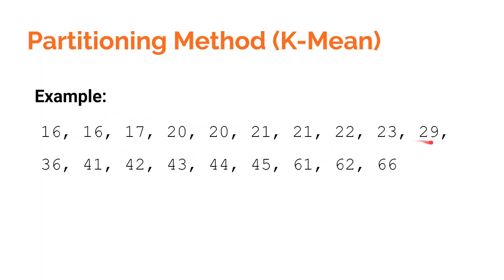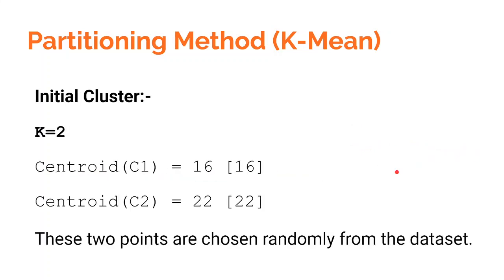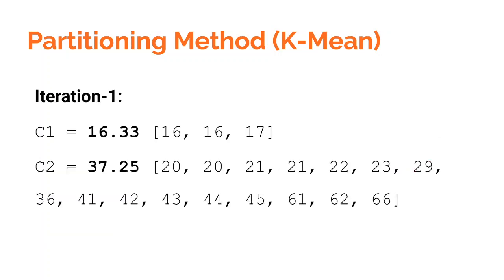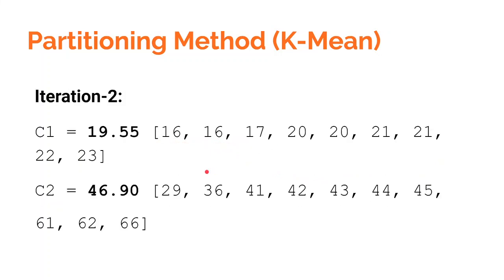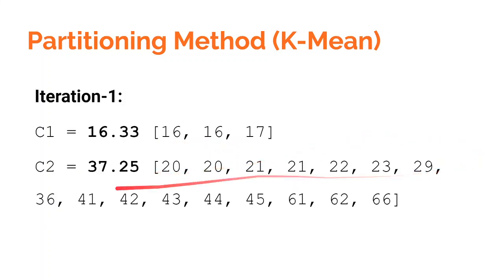Since if you subtract 16 from all these values, you get a huge difference. However, if you subtract 22 from all these values, you get the minimum difference. So accordingly, I have formed this cluster 1 and this is cluster 2.